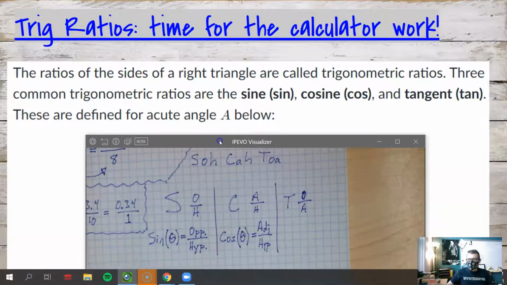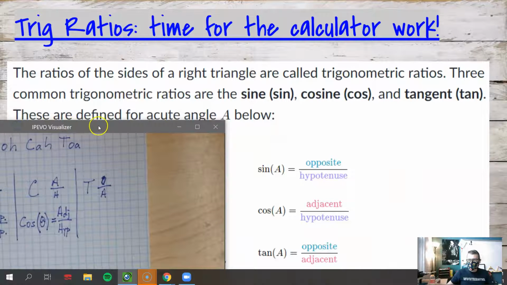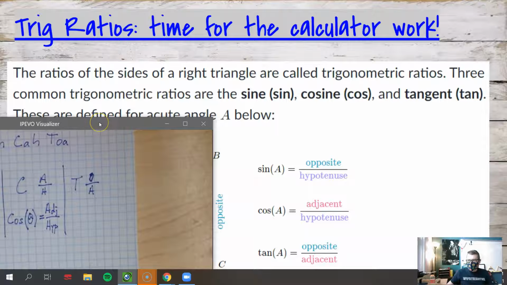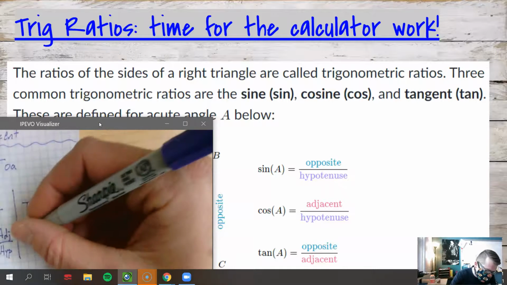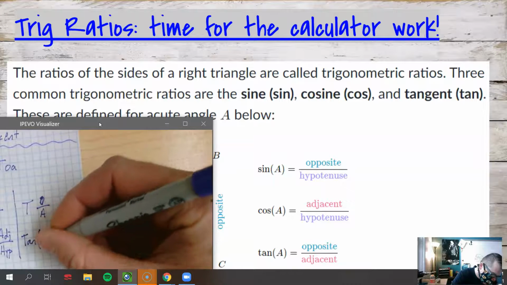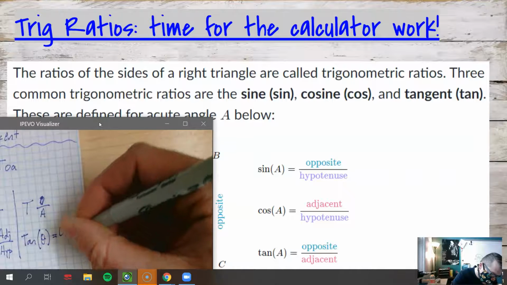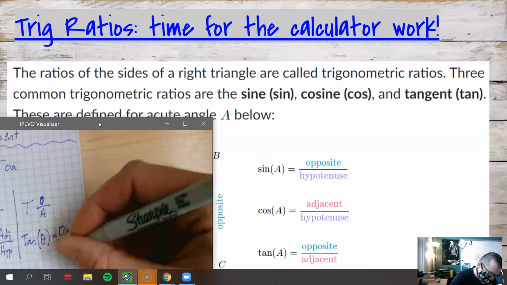And you can probably make a pretty good guess about tangent. Tangent of your reference angle equals the opposite over the adjacent.